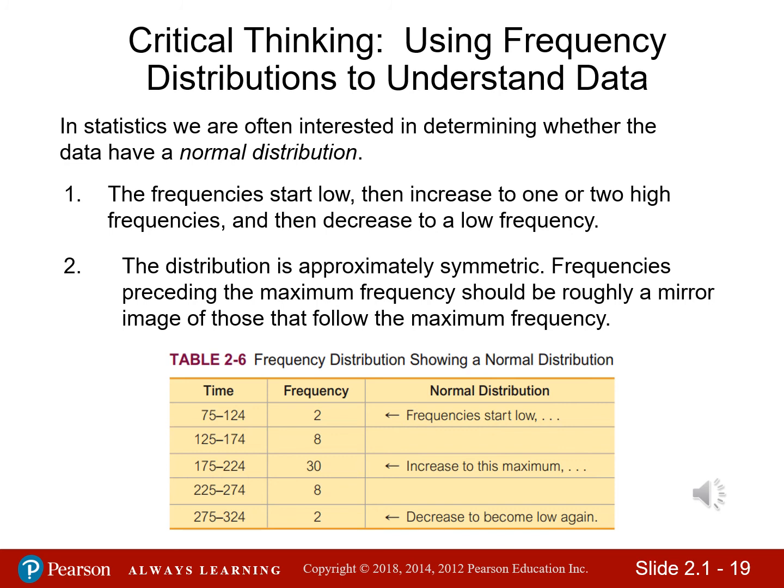The frequencies start low with 2 and 8, and then they increase to a maximum frequency of 30, and then they decrease to a low frequency again. There is also symmetry to this distribution. That is to say that the frequencies of 2 and 8 that precede the maximum of 30 are the mirror images of the frequencies that follow the maximum of 30.